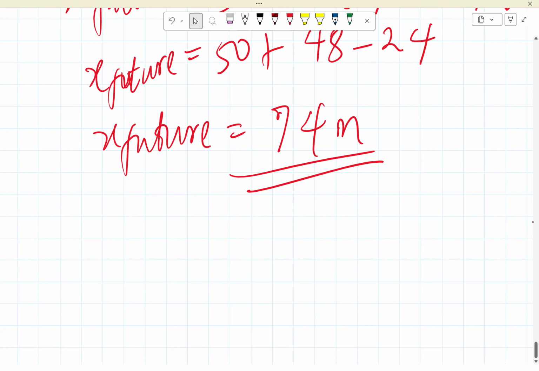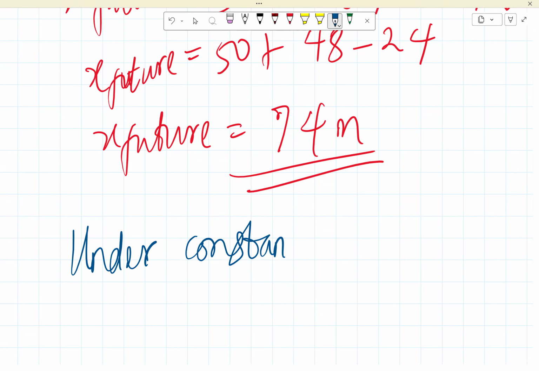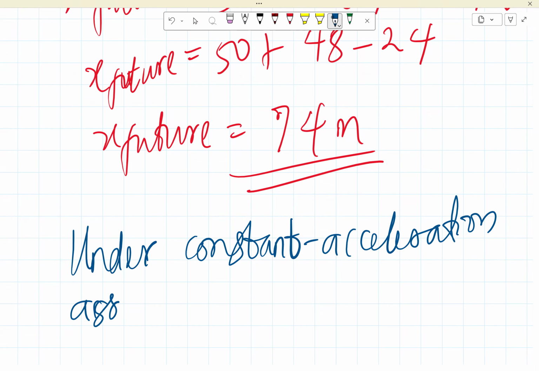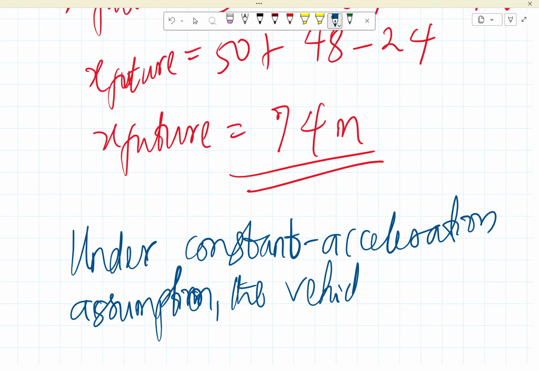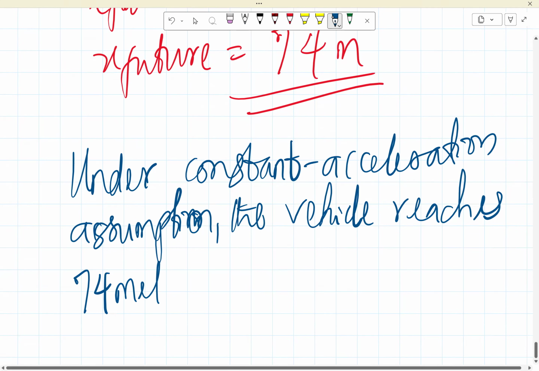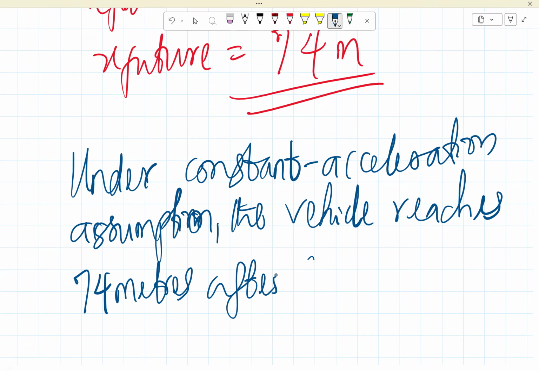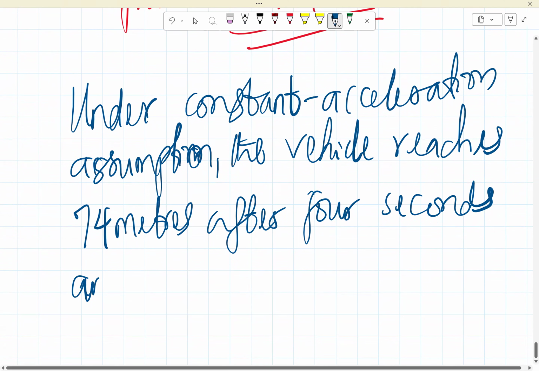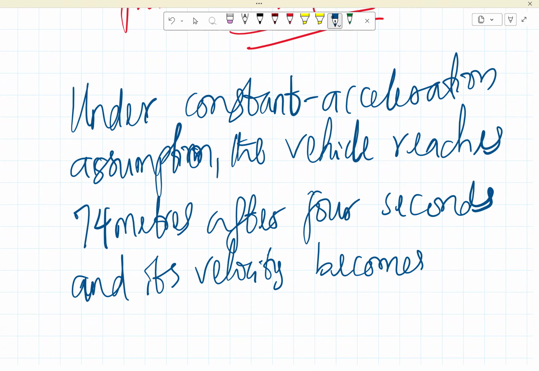So in this case, we can now see that under constant acceleration assumption, the vehicle reaches 74 meters after 4 seconds, and its velocity becomes 0 at that instant.